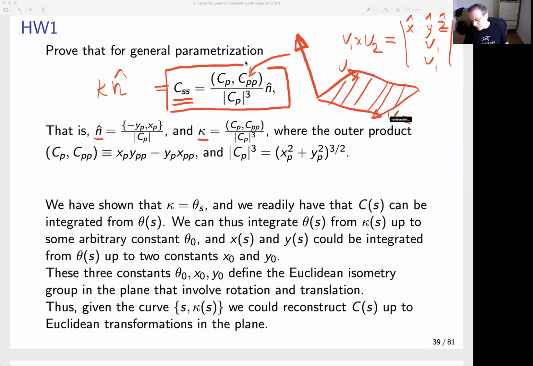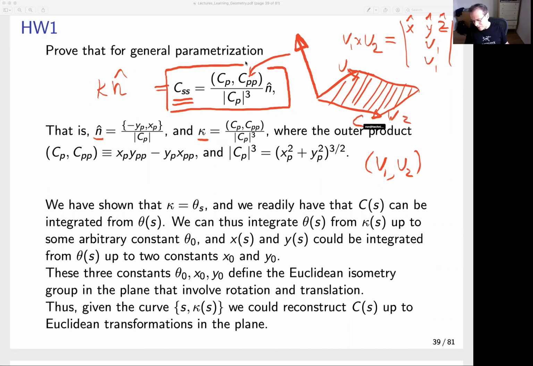Another way that we will use is to look at the area of this parallelogram. In order to get the area, I would just write v1, v2 in brackets like that. So this would be the area of this parallelogram. So what you see over here is the area of the parallelogram defined by C_p and C_pp.